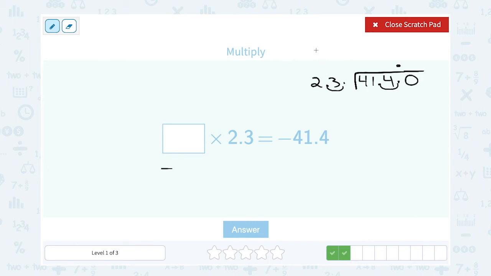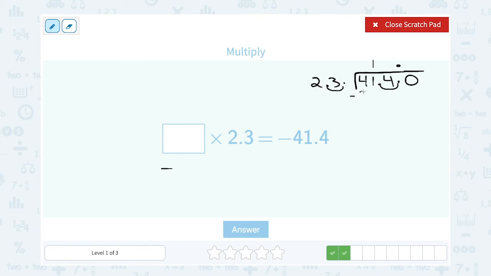Okay, so let's divide. 23 does not go into 4, but 23 does go into 41. 23 is going to go into 41 only one time, right? Because if I said 2, that would be a little too big at 46. So it's only going to go in one time. Now notice I'm lining up over the 1 to show that 23 went into 41.